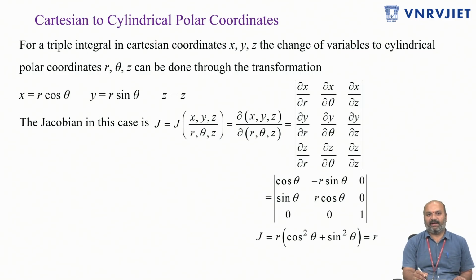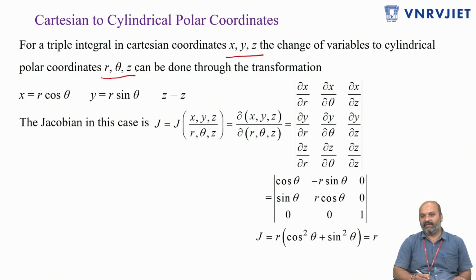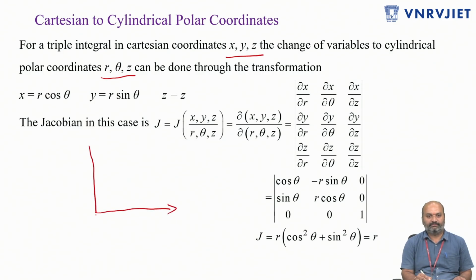For a triple integral in Cartesian coordinates with variables x, y, z, the change of variables to cylindrical polar coordinates are r, theta and z. If you consider three axes, this is the x-axis, this is the y-axis and this is the z-axis.